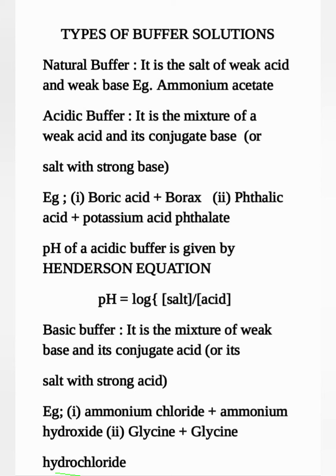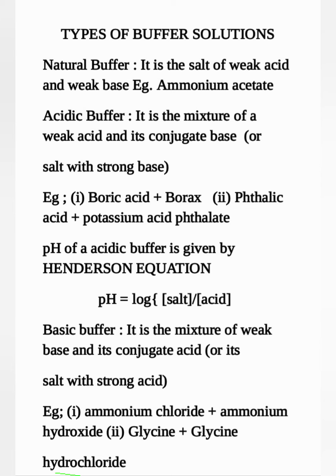Again, in the case of a basic buffer, we can make use of the Henderson equation itself, but instead of pH we are calculating pOH. pOH is equal to logarithm of concentration of salt divided by concentration of base, and from that we get pOH.